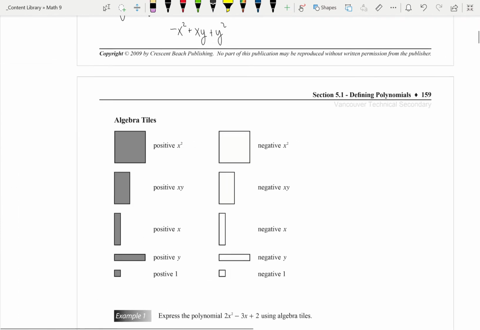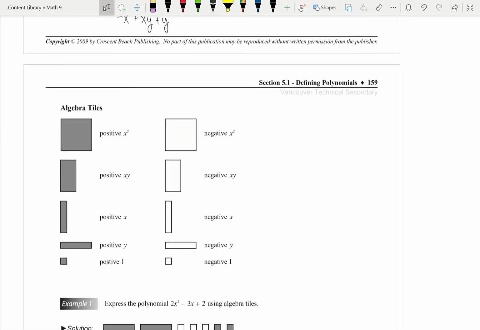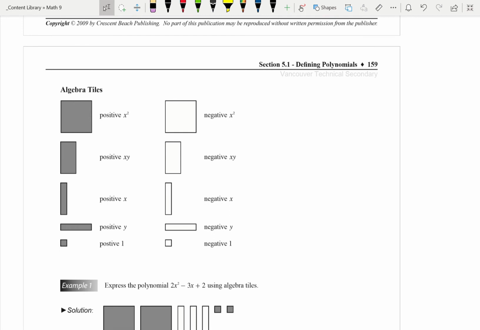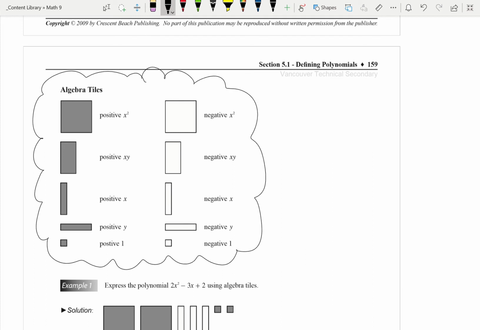All right, Algebra Tiles, we're going to skip for now, but that might not always be the case, so in grade 10 you might see them, so keep that reference in mind. Or if you want to try any of the practice problems, that's the key page to go to, page 159. It shows you all the positive values are the filled in gray ones: this is x squared, this is x, y, and 1.